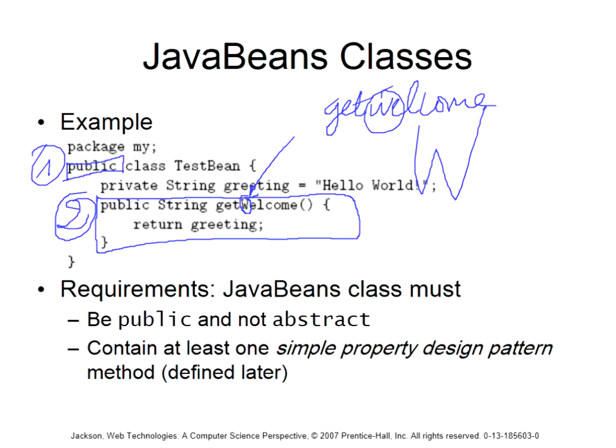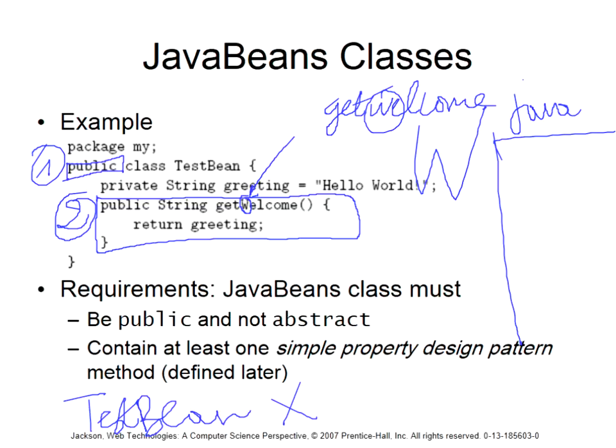Any questions about this example? Now, let's suppose that we have a Java class and we want to create an instance from TestBean. I will write TestBean x = new TestBean(). Yes or no? Okay.